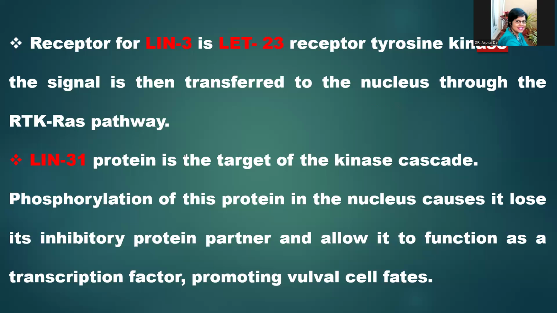If all the cells were differentiating in their own way, then correct formation of the vulva wouldn't have taken place. So this lateral inhibition is very important. Had there been no lateral inhibition, there would not be proper development of vulval cells.